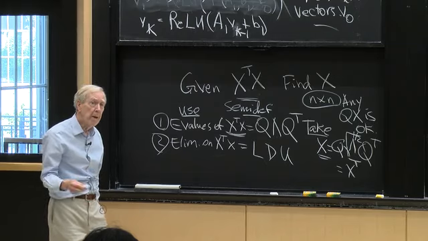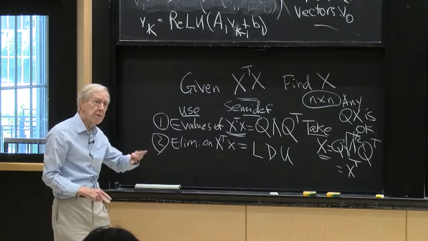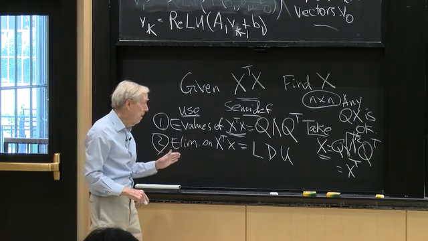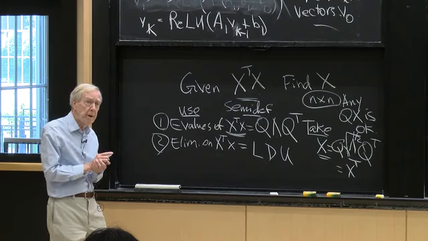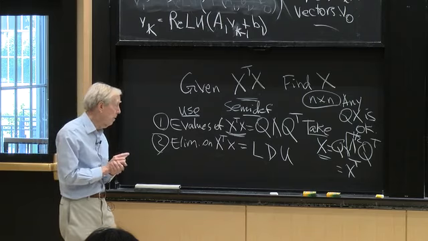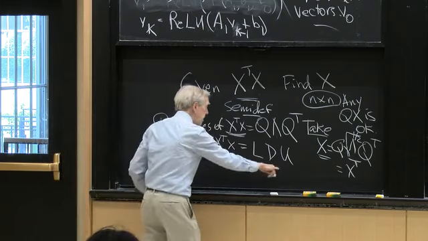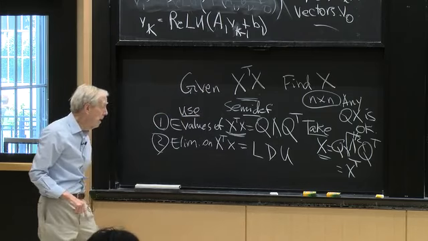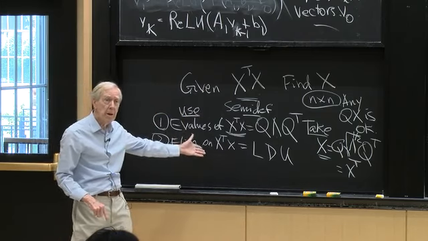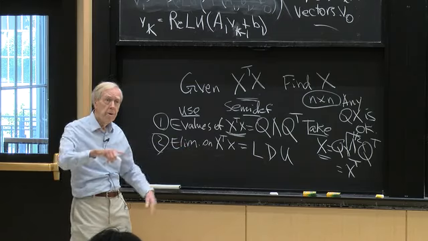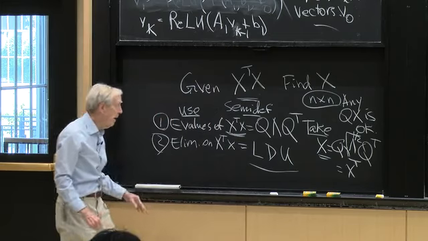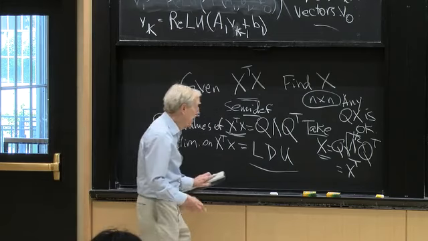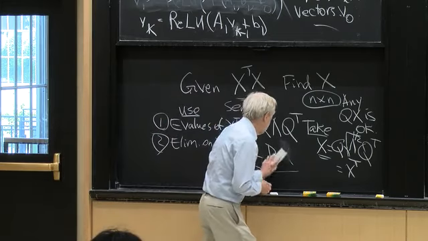How do I make that look symmetric? The U gets replaced by L transpose.